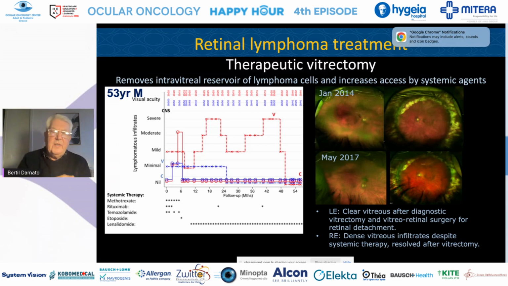Whereas in the other eye that had had no vitrectomy, there were persistent vitreous infiltrates that did not respond to the systemic treatment. And so we performed a therapeutic vitrectomy, and after that, the vitreous infiltrates responded to the lenalidomide and the vitreous remained clear.